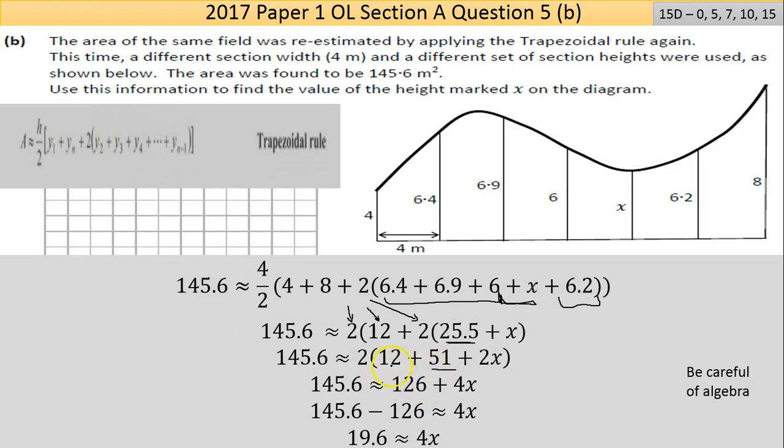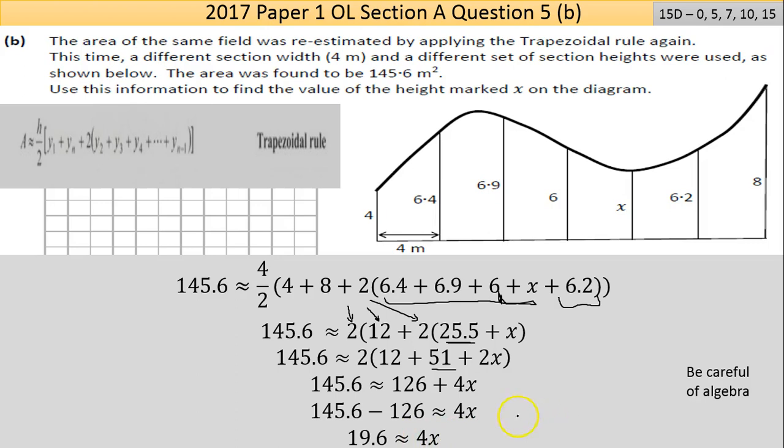And I've doubled the 2x, so 2 times 2x is the 4x here. Again, it's just algebra, you're simplifying down to get to your answer. Now I can bring this 126 across the equal, or the approximation. Just like any algebra, it was added on the right hand side, so it becomes subtracted on the left. Do that little calculation, I end up with 19.6 equals 4x.